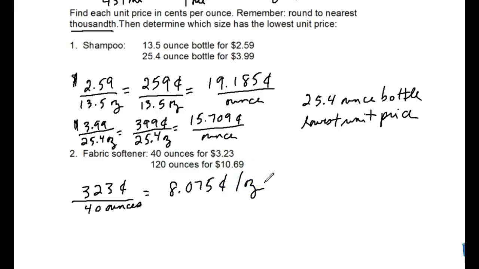On the last one, it's $10.69. So I'll have 1069 cents, and we have 120 ounces. When we divide the top and the bottom by 120, we get 8.908 cents per ounce.